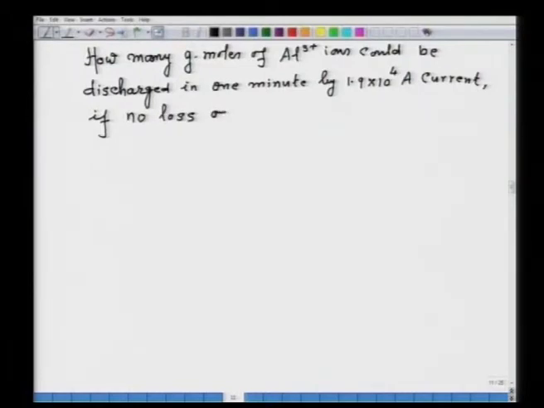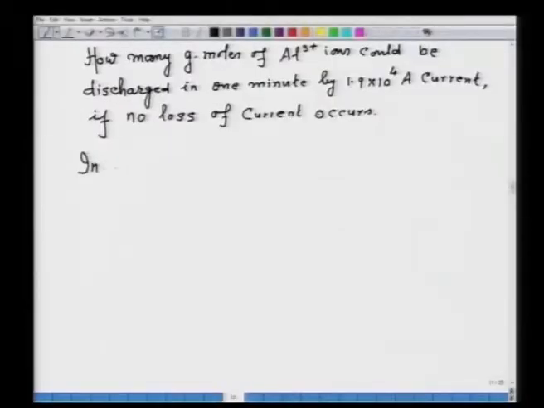You know, aluminum has 3 charges. It is a very simple problem. That means, if you pass 1.9 into 10 to the power 4 ampere of current in an electrolyte in order to discharge Al3 plus to aluminum, how many gram moles of aluminum will be deposited? Very simple.